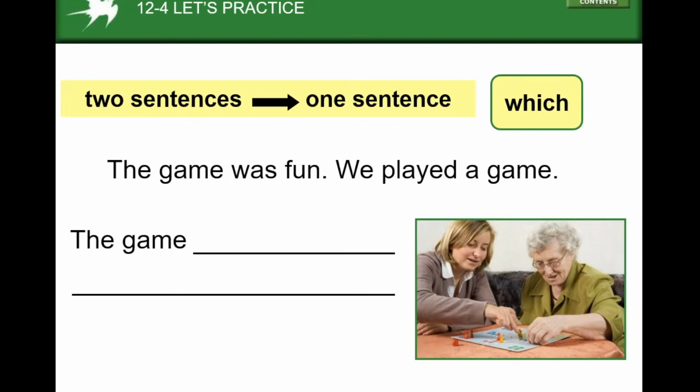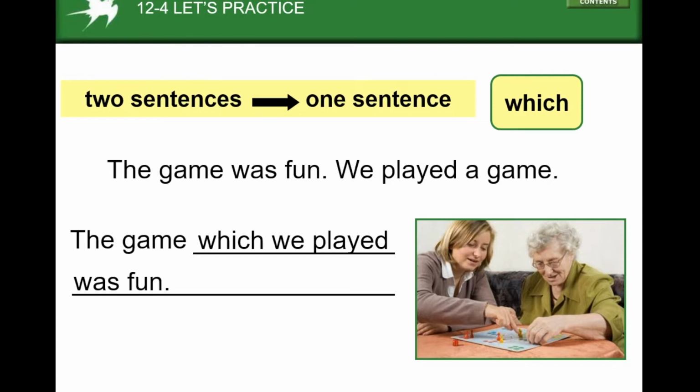Well done you! Now the second round is to combine two sentences into a single sentence. And please make the second sentence the adjective clause. The game which we played was fun.